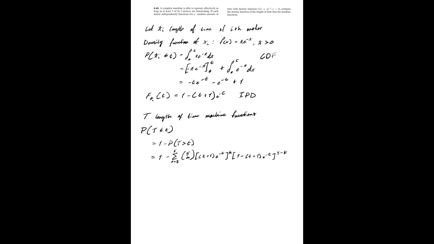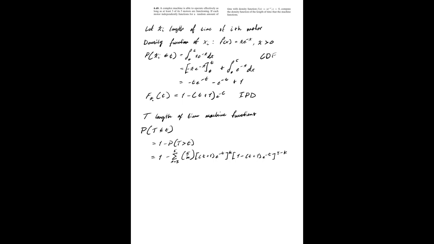So we're looking for the density function for the length of time a machine operates effectively, as long as at least 3 of its 5 motors are functioning. So we let Xi be the length of time of the ith motor. We already have the density function, f of x, given in the problem. And so we compute the CDF for that, for the event Xi less than or equal to t.